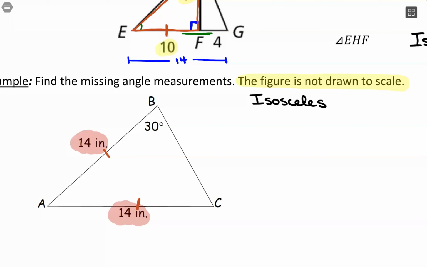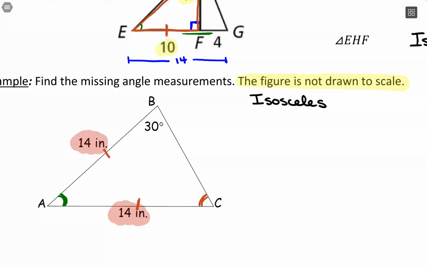Solving for side length BC would need some trigonometry, which we are not going to do. So we're going to look for angle A and angle C.